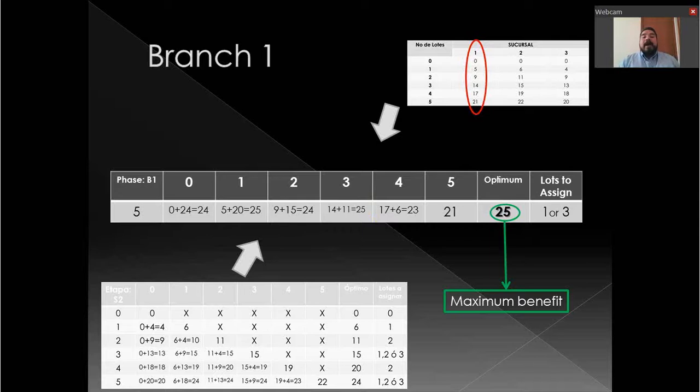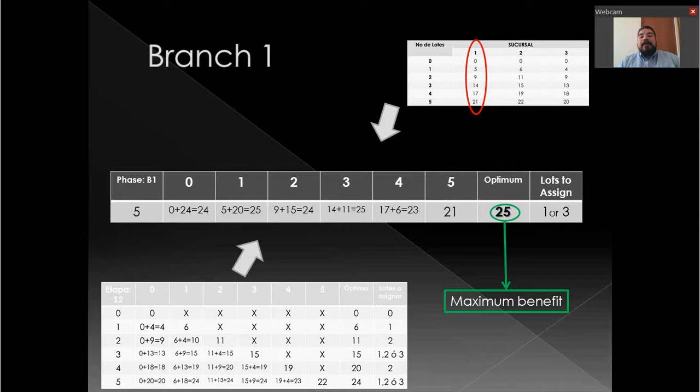If I assign 4 lots to branch number 1, I will have a benefit of 17,000 pesos for these 4 lots, and I will have 1 lot left, and this optimum value for 1 lot is 6. So the benefit of assigning 4 lots to branch number 1 is 23,000 pesos.